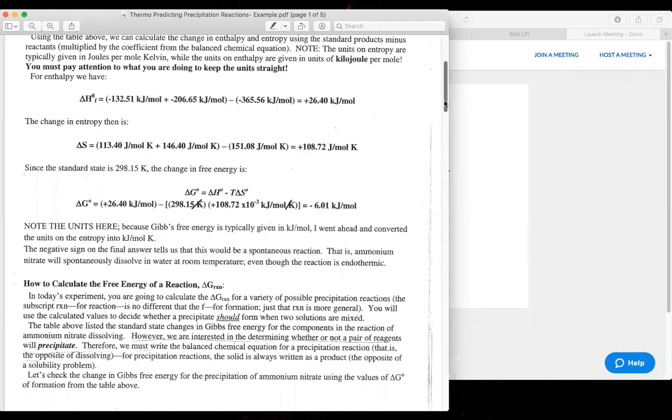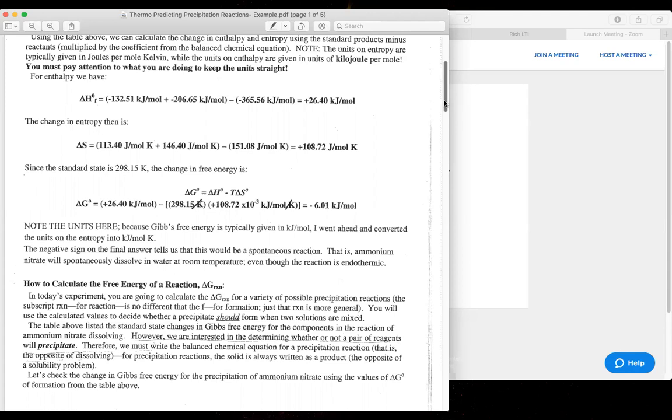From the calculation, we should use the numerical value of delta G to determine whether the reaction will spontaneously form the solid. Remember, if we are to write the Ksp for this, it is product over reagent.